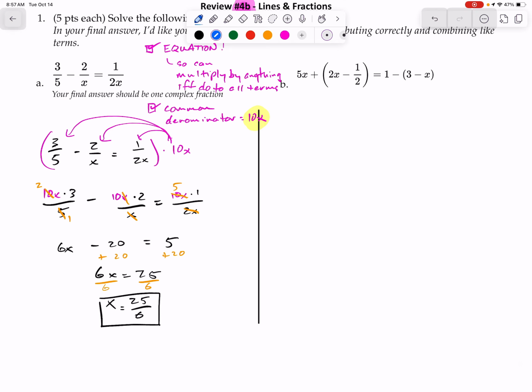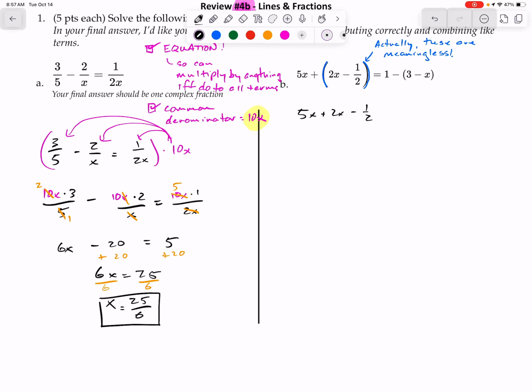All right, notice here, these are meaningless. They're not doing anything. So really what I have here is 5x plus 2x minus a half, because there's nothing to distribute across them.